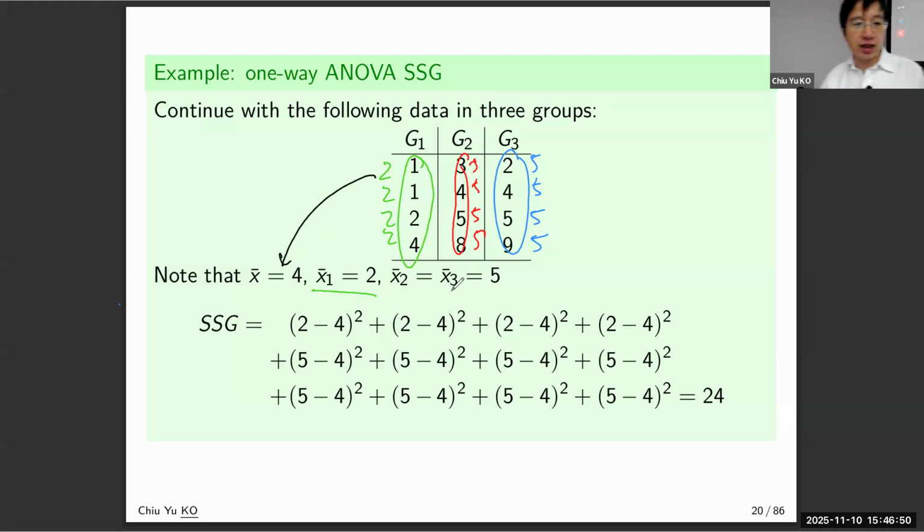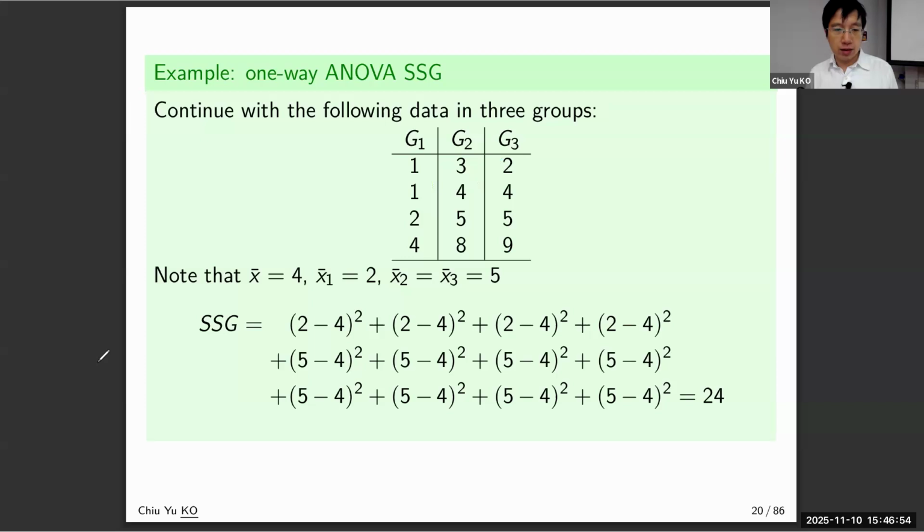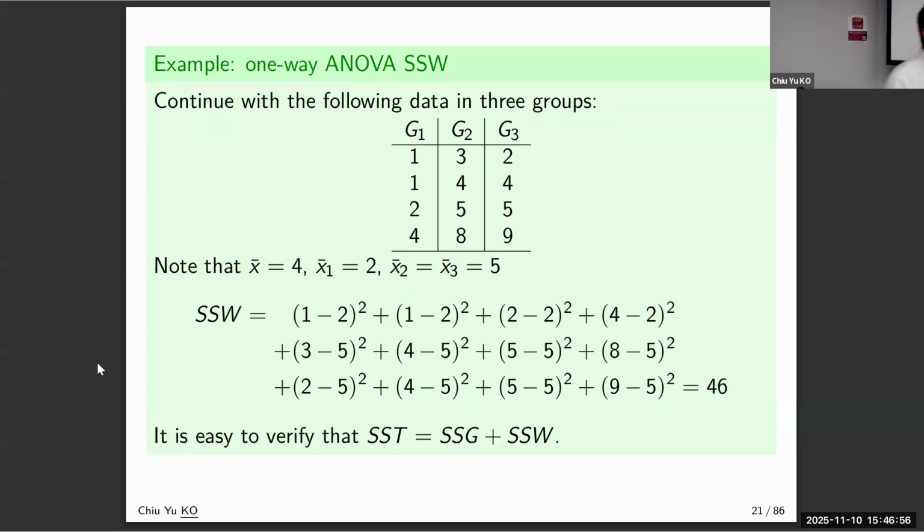And next will be SSW. SSW is not looking at the distance from the grand mean. You're just looking at the distance within the group. So it's not go to here, but instead you go to its own mean. This goes to here, this goes to here, this goes to here.